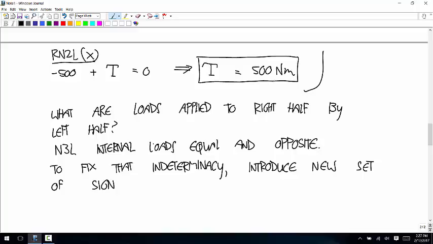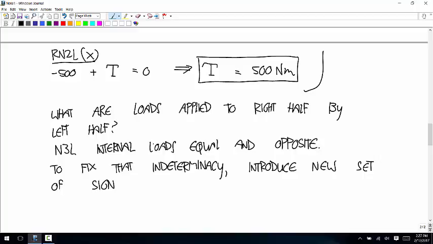So what this says is, if you wanted to calculate the internal loads at the middle of the beam, you would get one answer calculating it based on the left half of the beam, and the opposite answer from the right half of the beam.